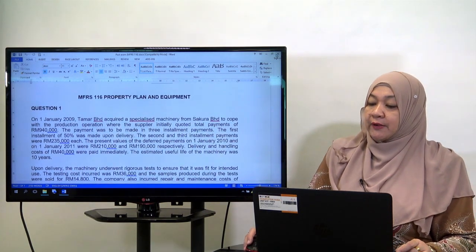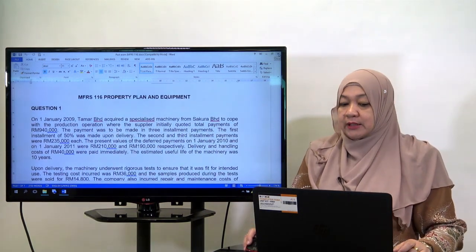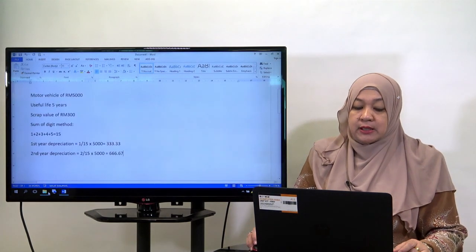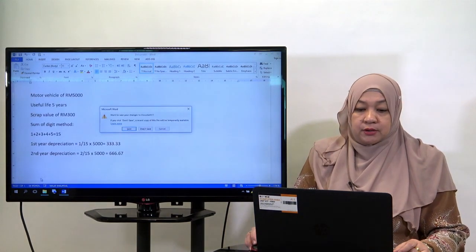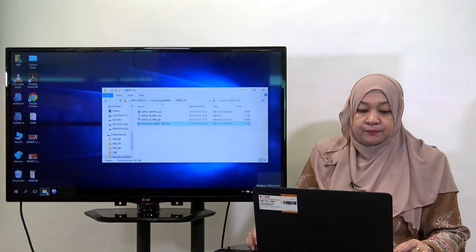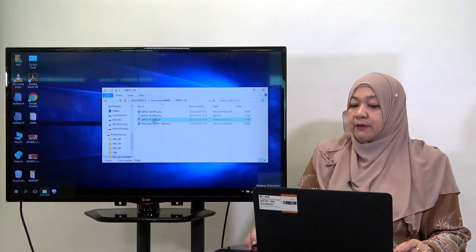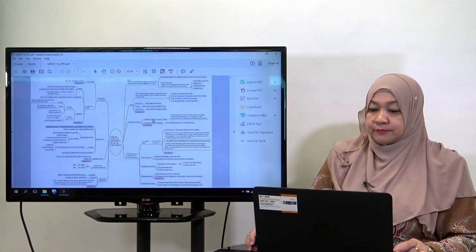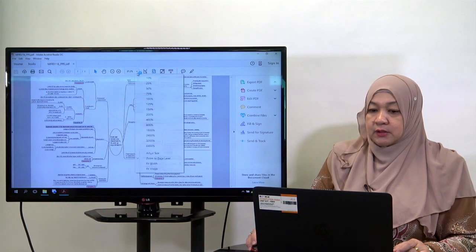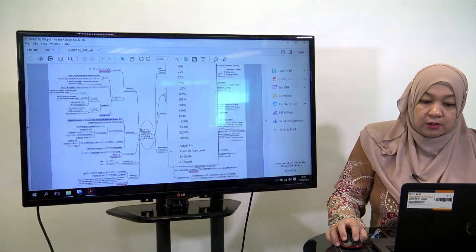Okay, so we have completed MFRS 116. So what we are going to do now is to recall back the whole of MFRS 116. So this is the overall.